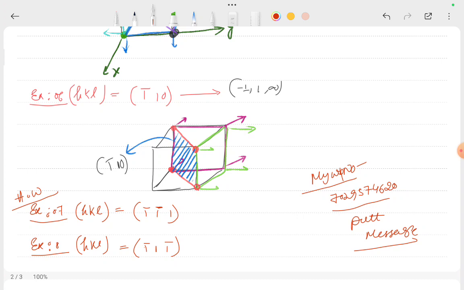Next point is here. Try to know another case.